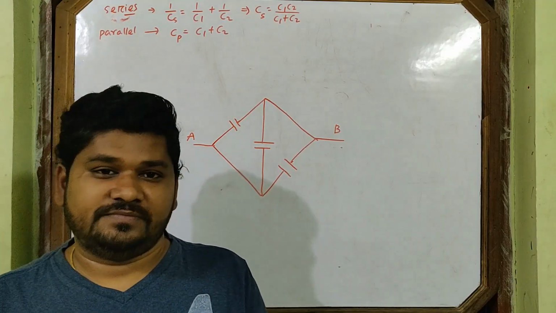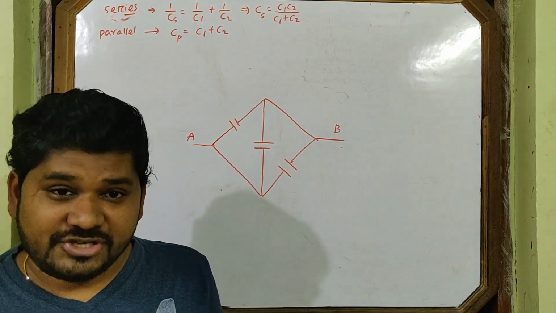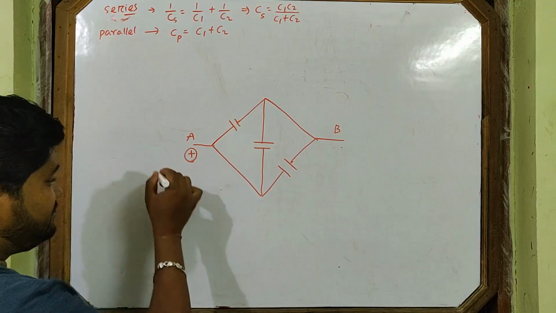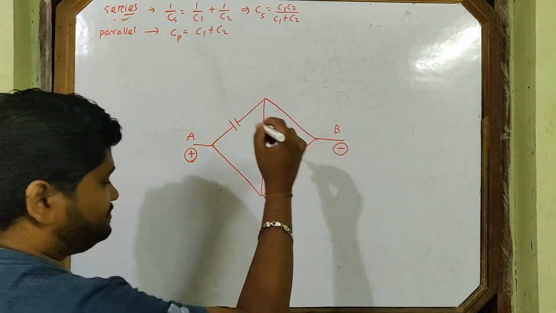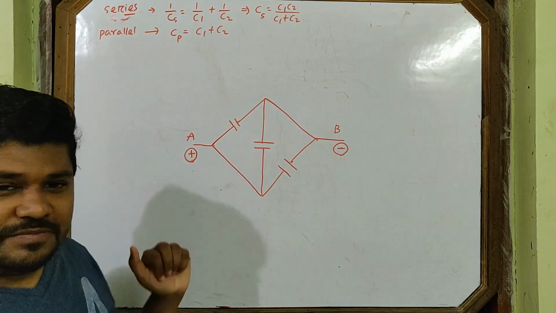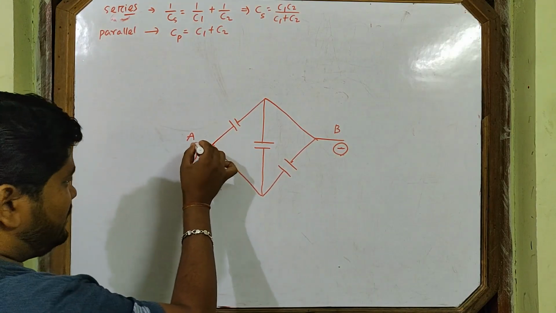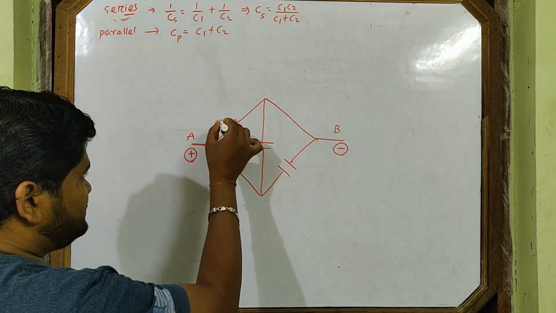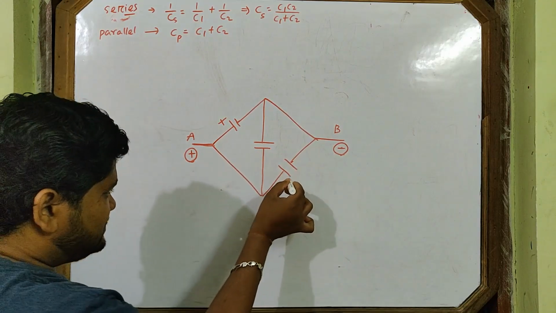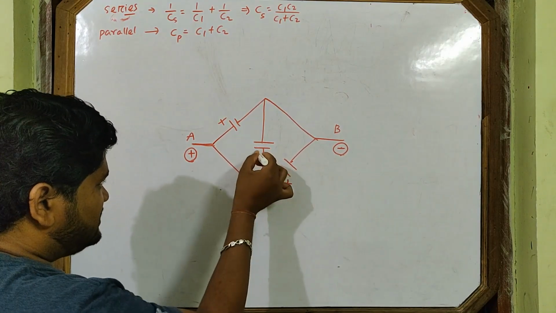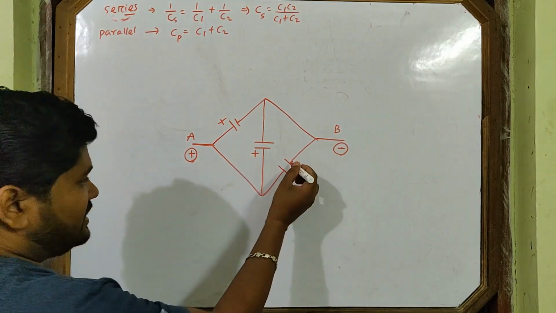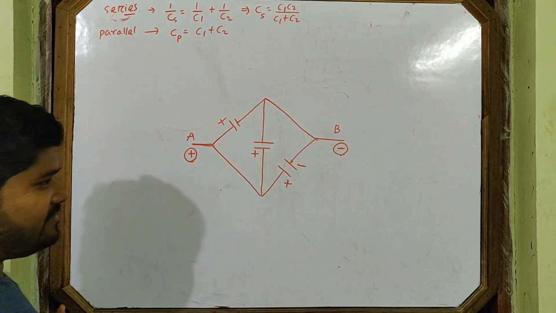Let's see. A point is positive, B point is negative. Where does the A wire go now, to which plates? The positive wire goes to this plate, this is positive. The positive wire also goes like this. This is positive. Also goes like this. This is positive. This is negative. Then this plate is negative.